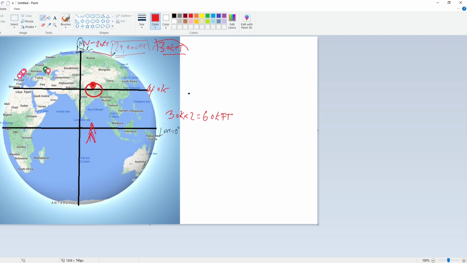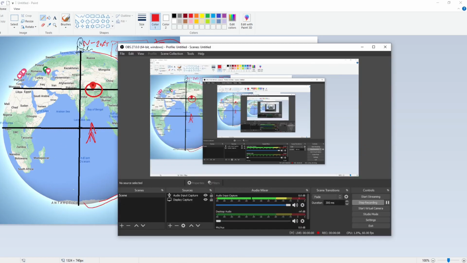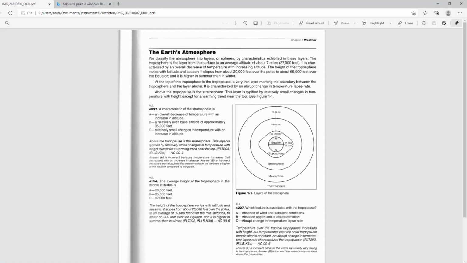So we've got the troposphere here looking like a mushroom. Not a great drawing, but that's it. Hopefully that cleared some things up, and I'll see you in the next video.